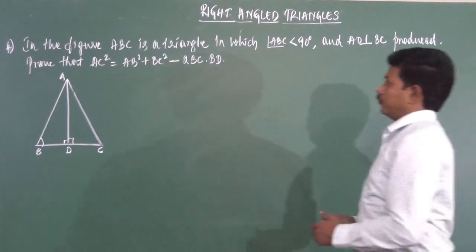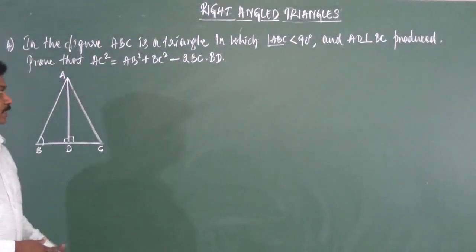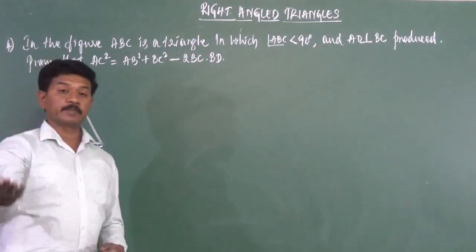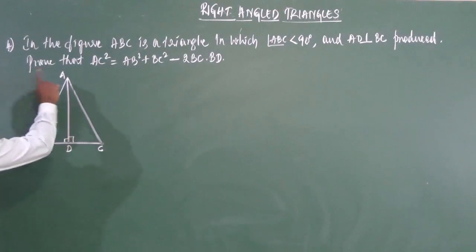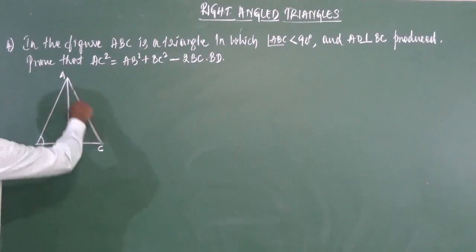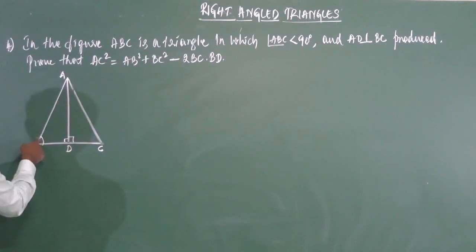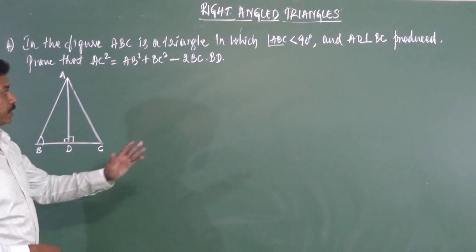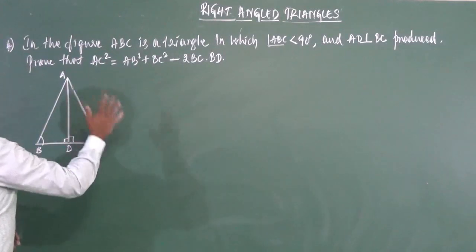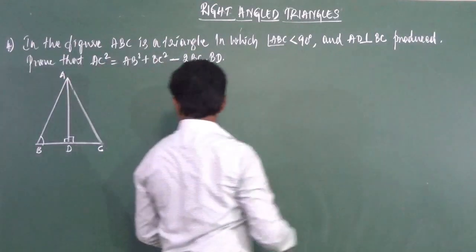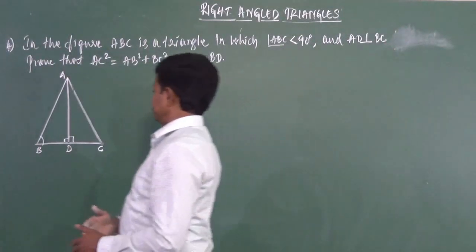Okay, let us get into the fourth problem, where I am going to give you a hint for doing this. It is very similar to the third problem we have done just now, on the same lines. In the figure, ABC is a triangle in which angle ABC is less than 90 degrees, an acute angle, and AD is perpendicular to BC.